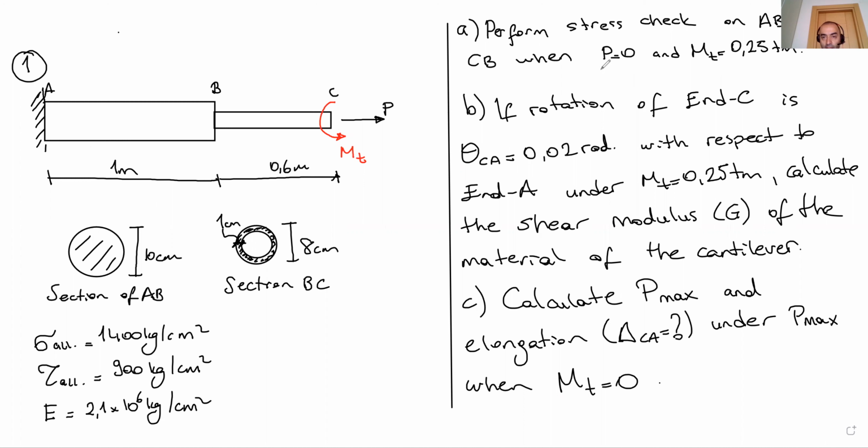P is 0 means here in this question, there is no axial load. There is only torsional moment. We are gonna only consider the torsional moment at C, as you can see, which is red on the sketch.